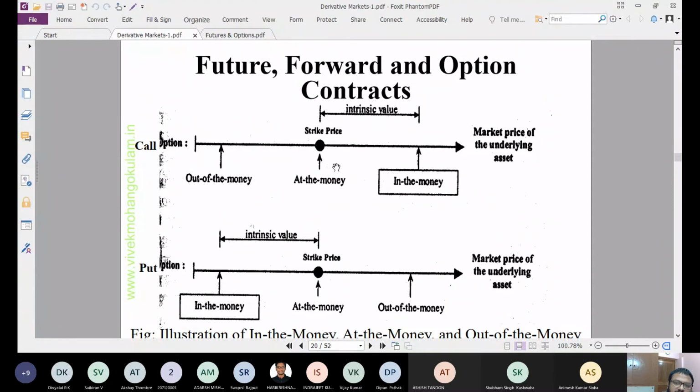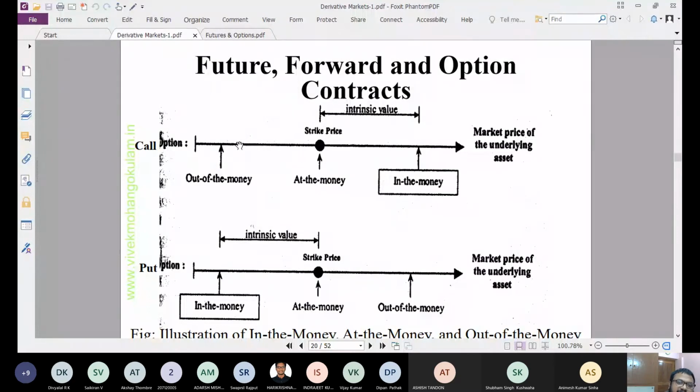So below $10, for all these values, the actual price is below the strike price, but when it is exercised, he will have to bear the loss at the strike price. So this area is out of the money for the option.